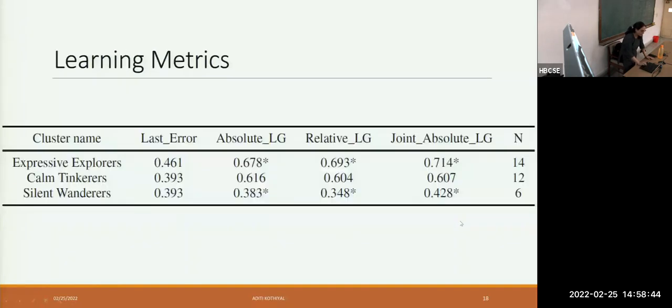Now we see, what was the learning of the first group, X1 to X3? What was the learning of the second group, X4 to X6? What was the learning of the third group, X7 to X9? And what we find is that this is different.